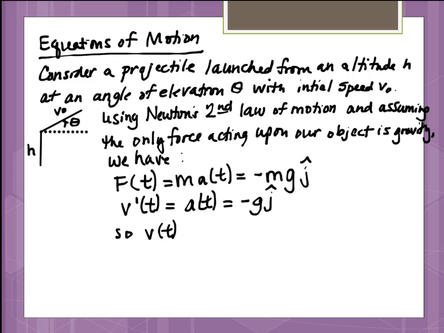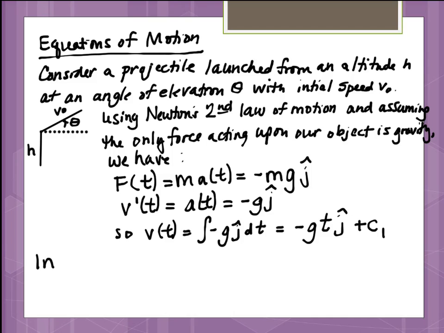So the velocity then is the integral of this component, which would be negative g. I'll put the t here, and then our j vector, plus c1. So we just integrated. There was no variable t there to begin with, so now we've got the t in there.